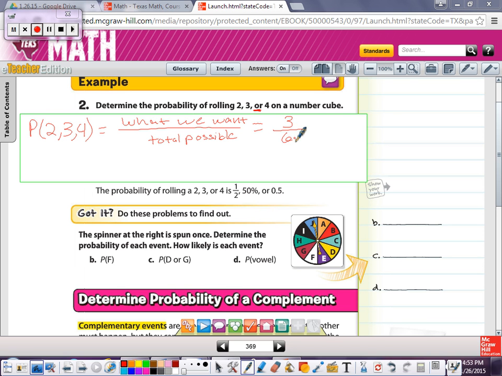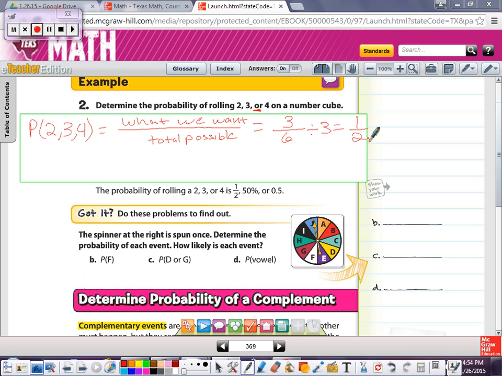Now we have 3/6. The only thing is we can never leave a probability like that; we always have to simplify fractions. So I have 3/6, and I see I can simplify by 3. So my probability of rolling a 2, 3, or a 4 is 1 in 2.